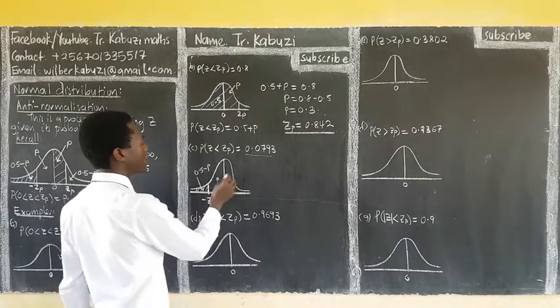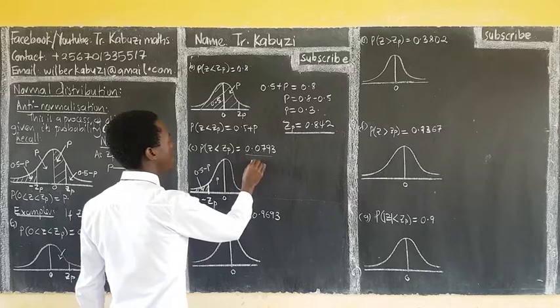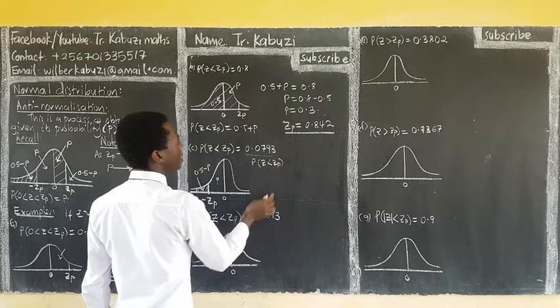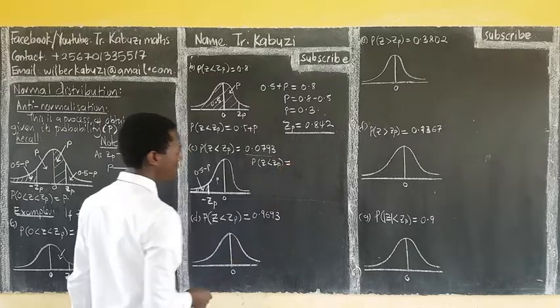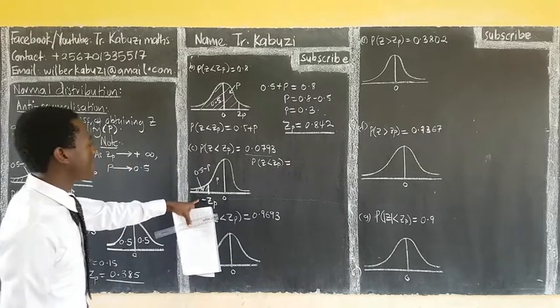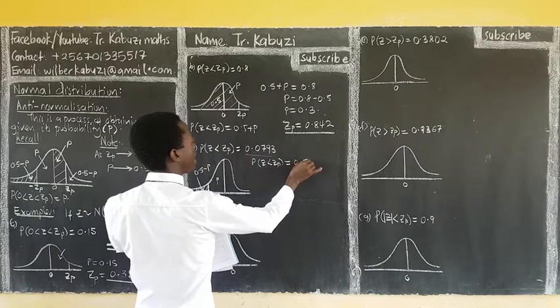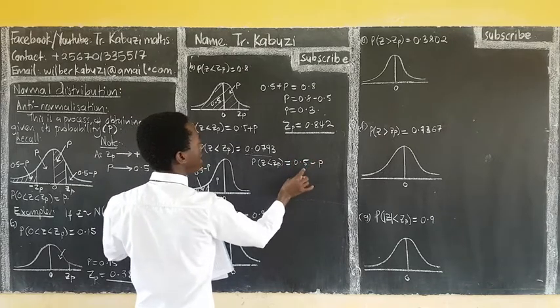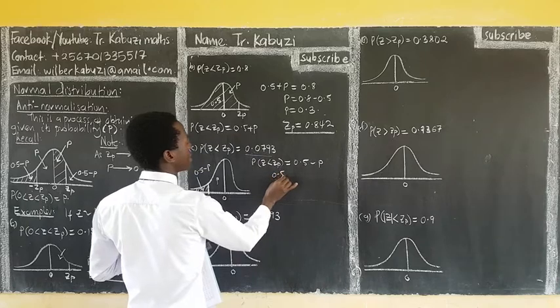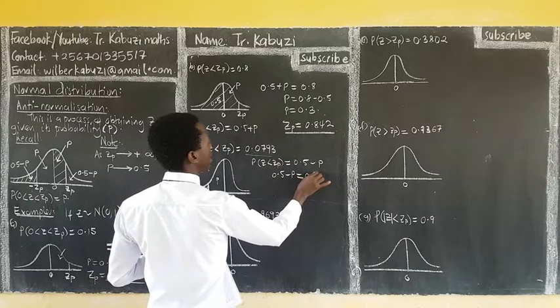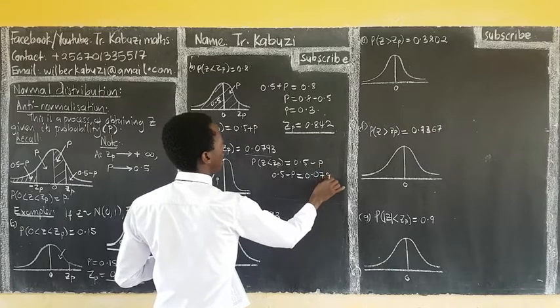So the whole of this, remember we said the probability of Z less than ZP, on this side, is going to be the probability of 0.5 minus P. Now they are giving us this minus P. Now this is our probability 0.0793.